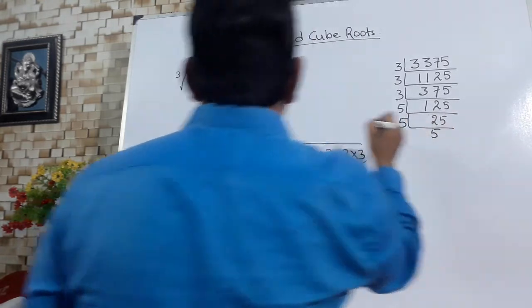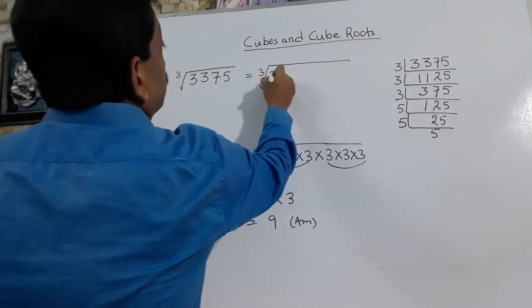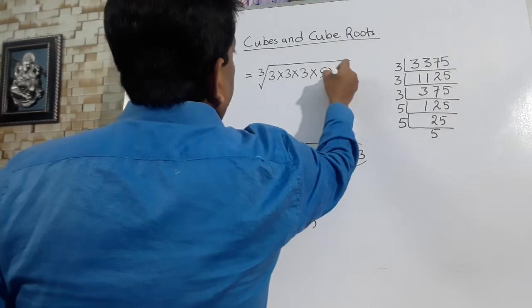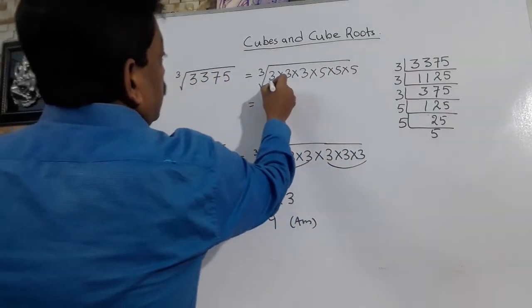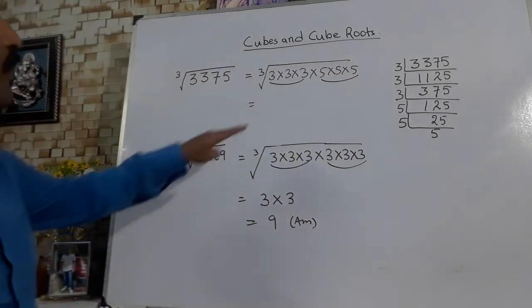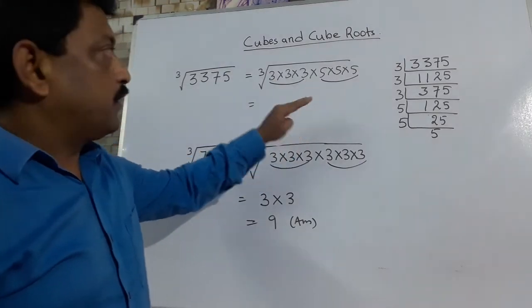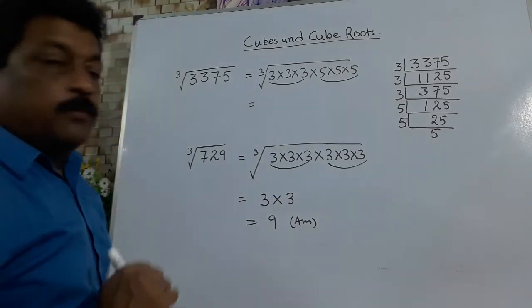5 fives are 25, and 5 is 5. So it can be written as 3 into 3 into 3 into 5 into 5 into 5. Therefore we can say that the prime factors of 3375 are forming a set of two triplets. According to the rule, one member from each triplet will come out.